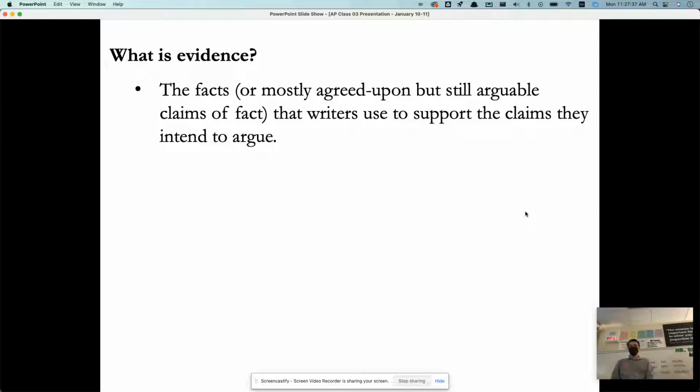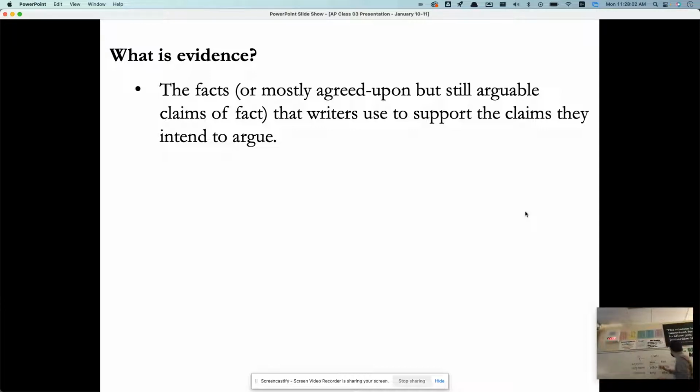You'll notice there that I said mostly agreed upon but still arguable claims of fact. And this actually, I think, goes back to a question we had last week that I wasn't able to provide a complete answer to. There was a question about our statement arguability spectrum. If you think about it for a second here, you had opinions on one side and facts on the other and claims in the middle.